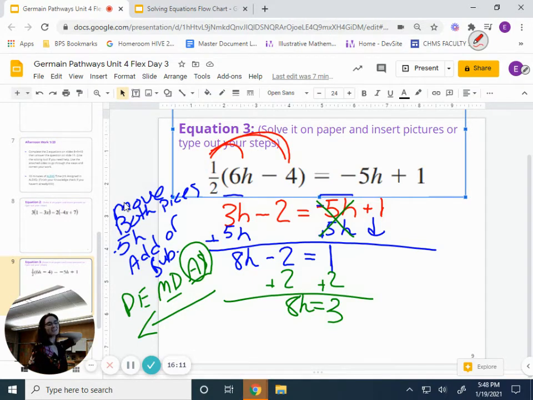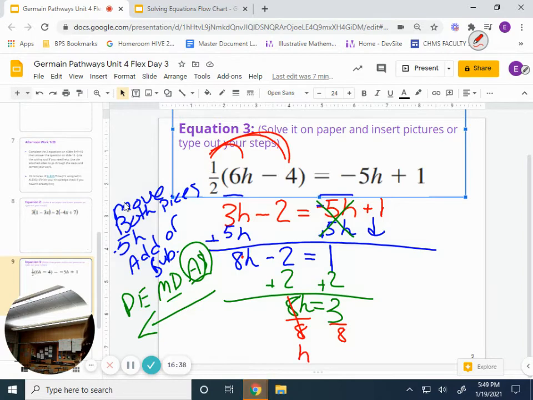How is this 8 attached to my h? Oh my gosh, you're right. It's attached through multiplication because there's no symbol here. There's no symbol, so that means it's attached through multiplication. I undo that by dividing by 8 on each side. My suggestion to you is to keep it as a fraction, but you can do it however you want.